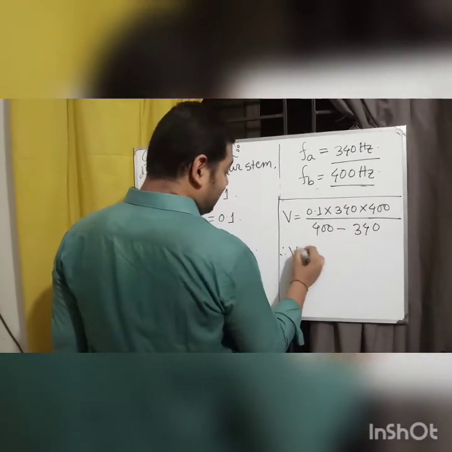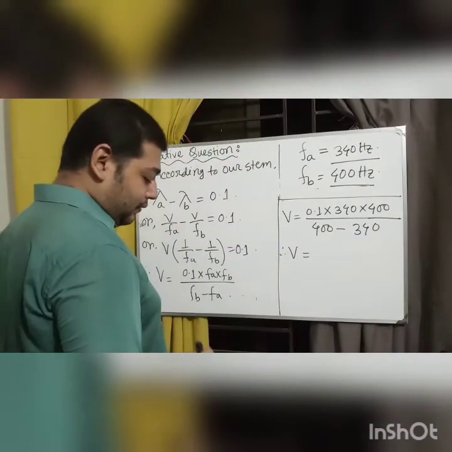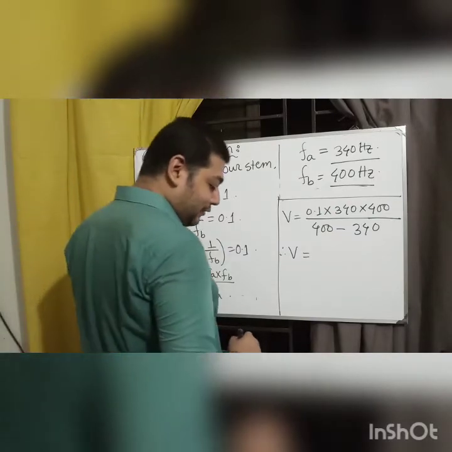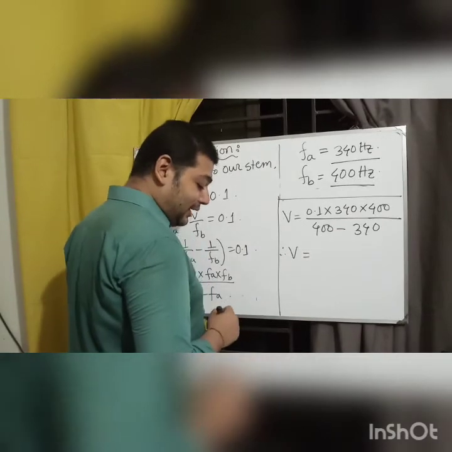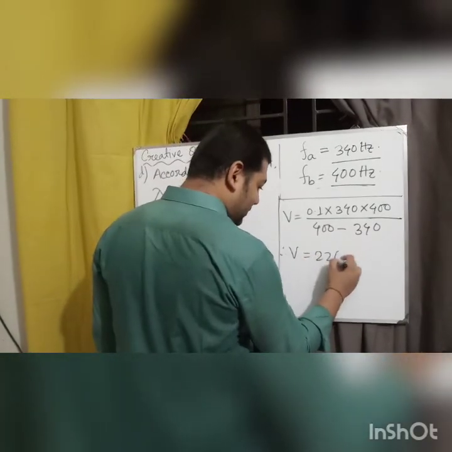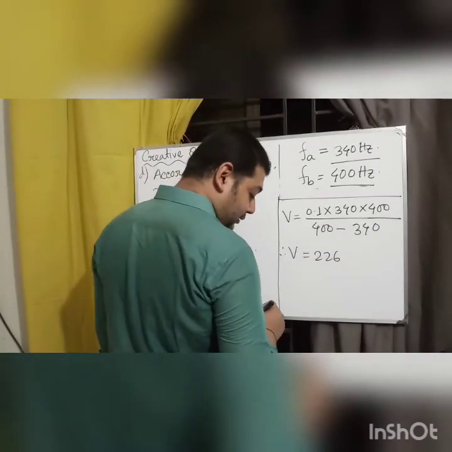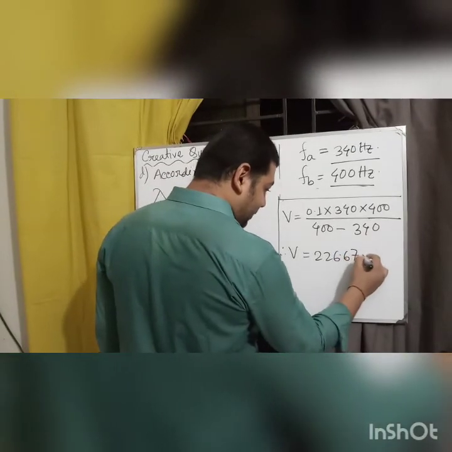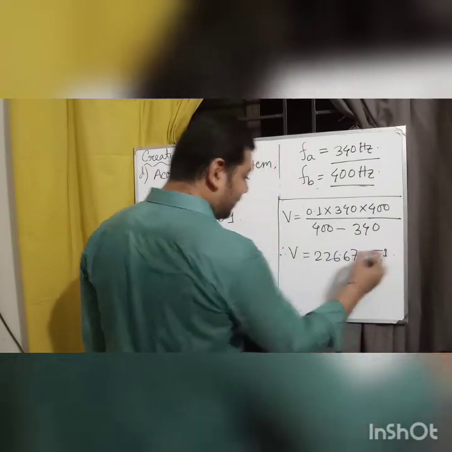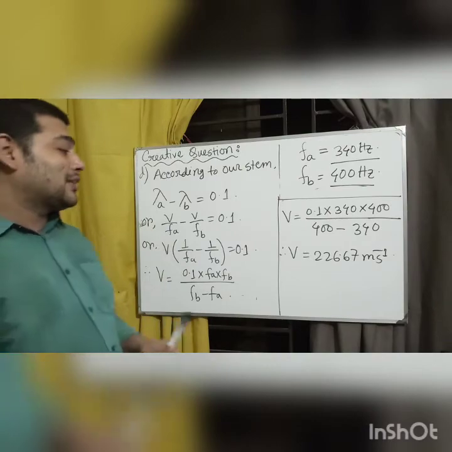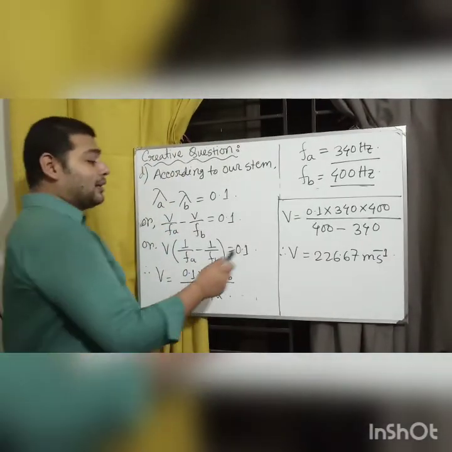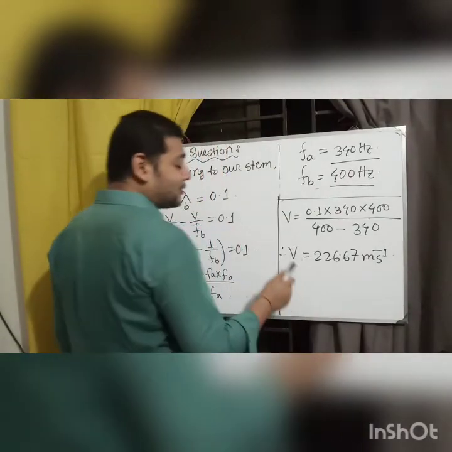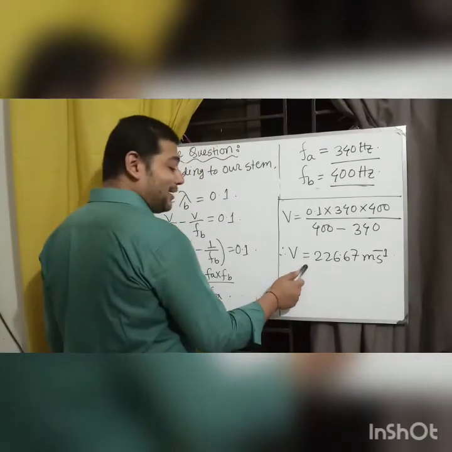So calculating these values, we can get the velocity of sound in medium B is 226.67 meter per second. Okay, so this is the velocity of sound in medium B.